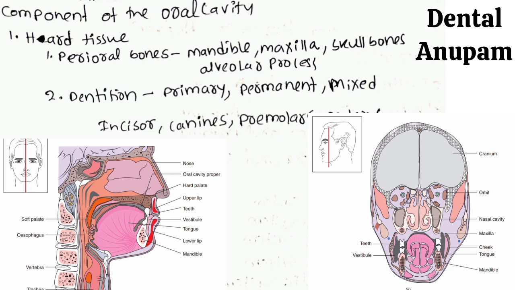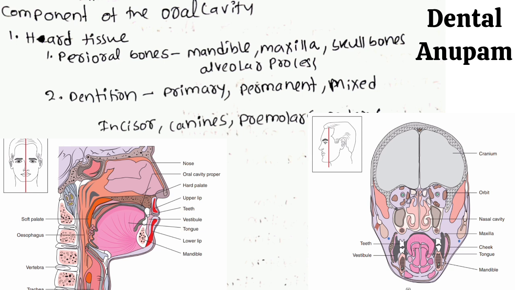First one is the mandible. Mandible refers to the lower jaw. It is the movable, sturdy bone that articulates with the rest of the skull by a joint on either side called the temporomandibular joint.